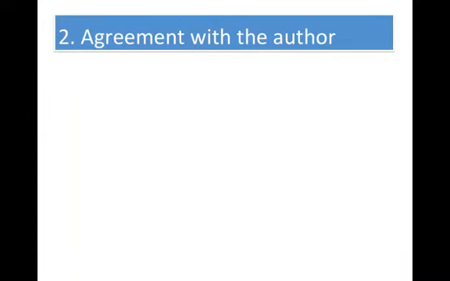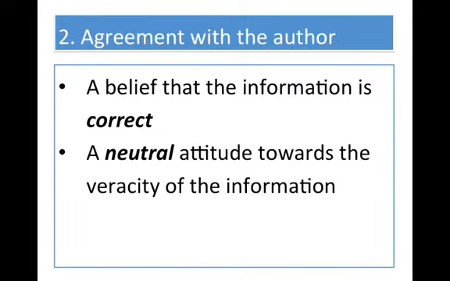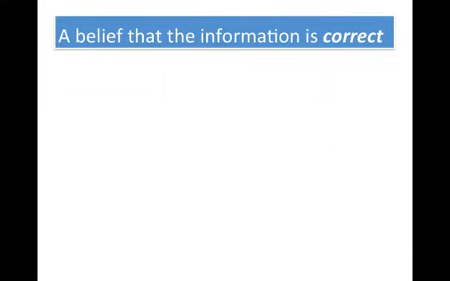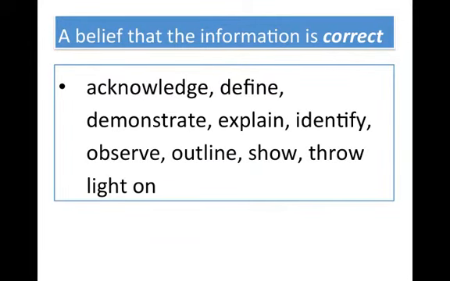Second, we will learn how to express the extent to which you agree with the author. By choosing a reporting verb, you can indicate your viewpoint: a belief that the information is correct, a neutral attitude towards the veracity of the information, or a belief that the information is incorrect. When you believe the information is correct, use acknowledge, define, demonstrate, explain, identify, observe, outline, show, throw light on.